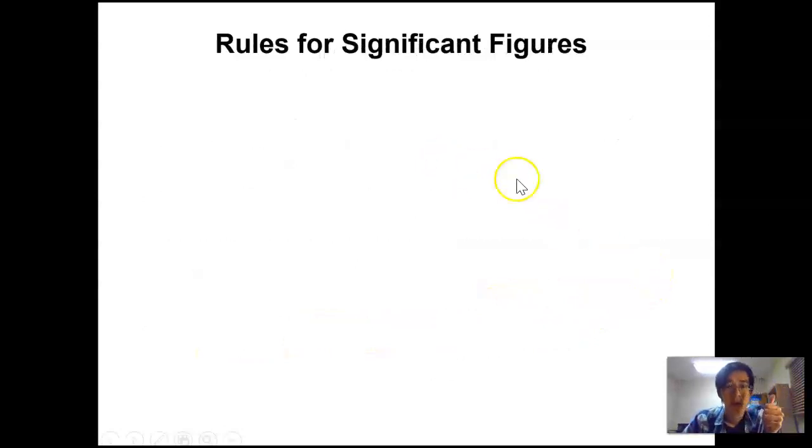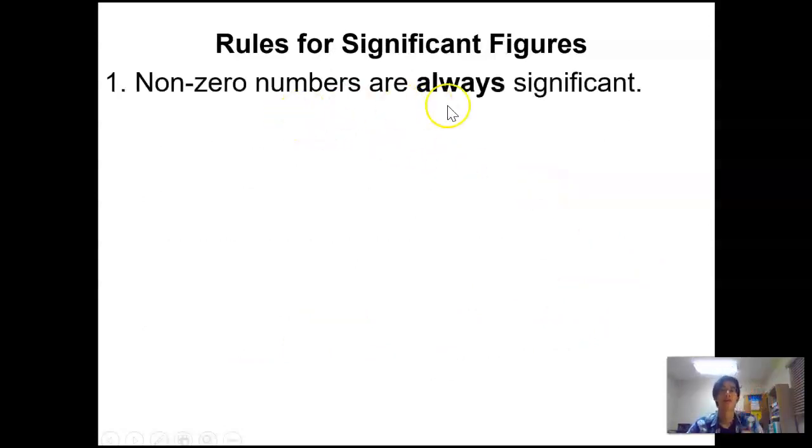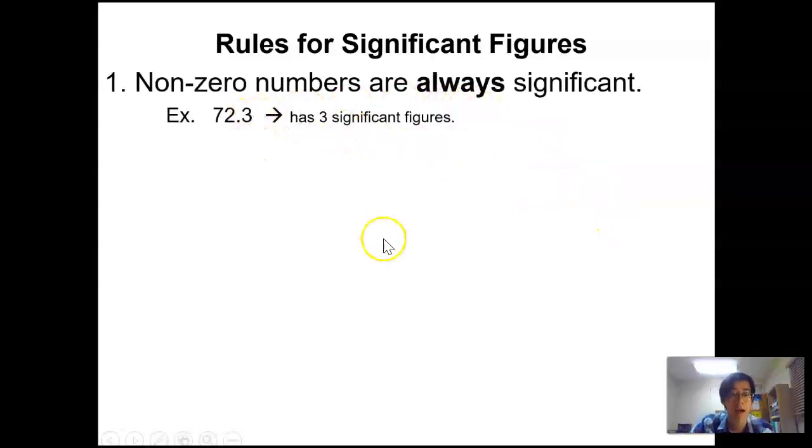Alright, so first rule, non-zero numbers are always significant. Meaning, if I have 72.3, right, every non-zero number counts as a significant figure. So that counts as 3 sig figs.